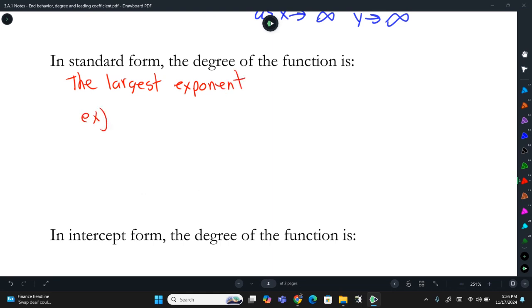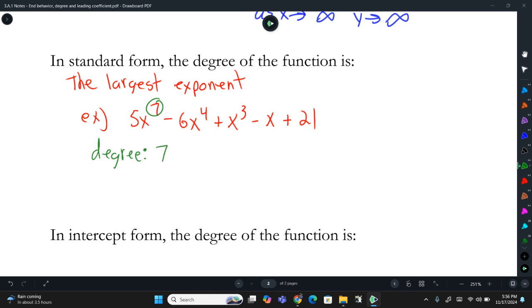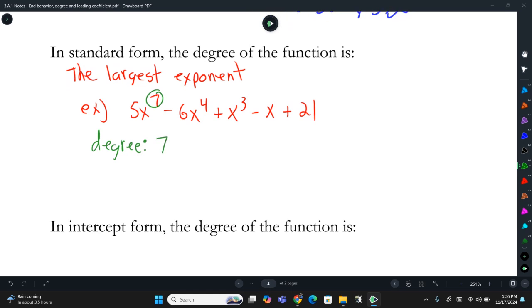An example would be something like 5x to the 7th minus 6x to the 4th plus x to the 3rd minus x plus 21. The degree is the largest exponent, which is 7. Our leading coefficient will be the number in front of that, which is 5. So in standard form, it is the largest exponent.